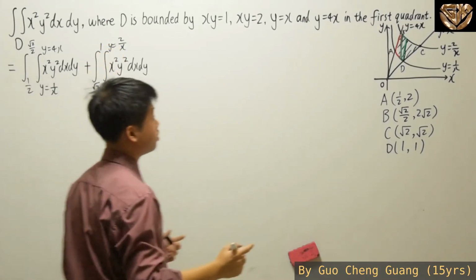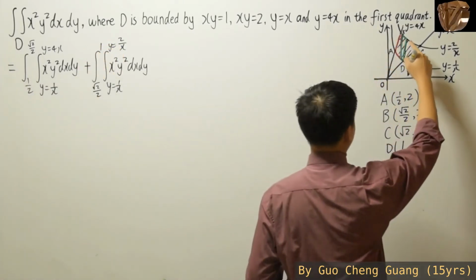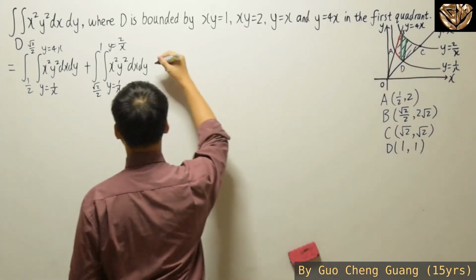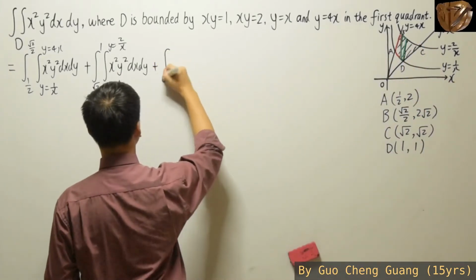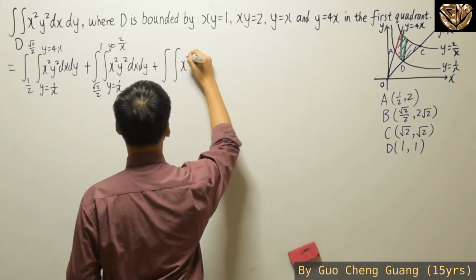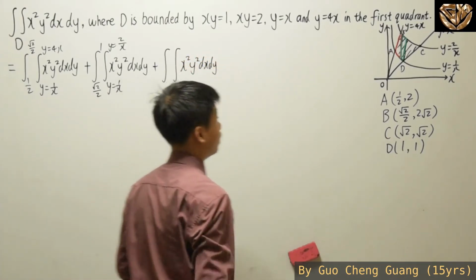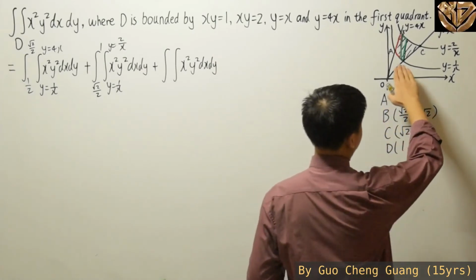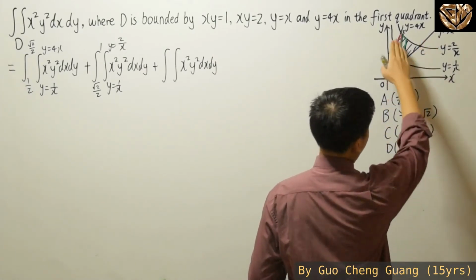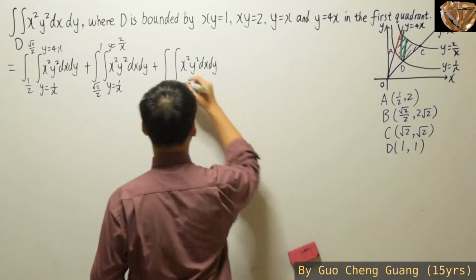So that is your green area. And of course, lastly, you have your black area. You have y is equal to x to y is equal to 2 over x.